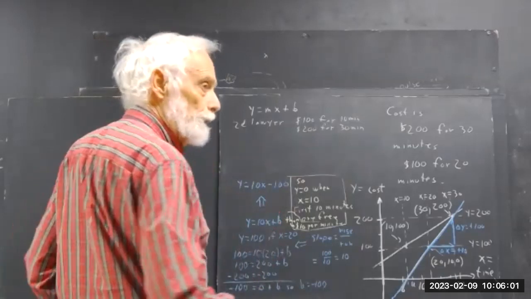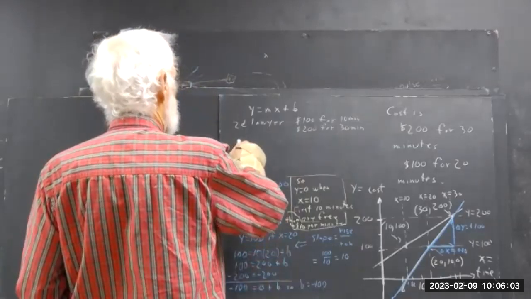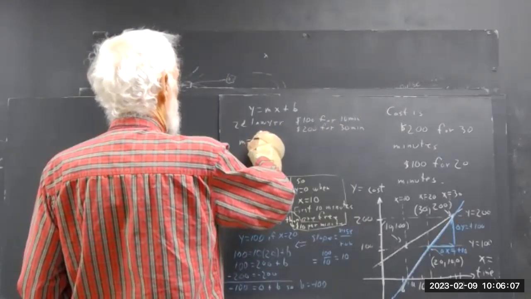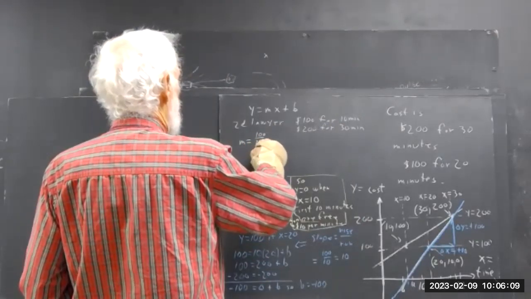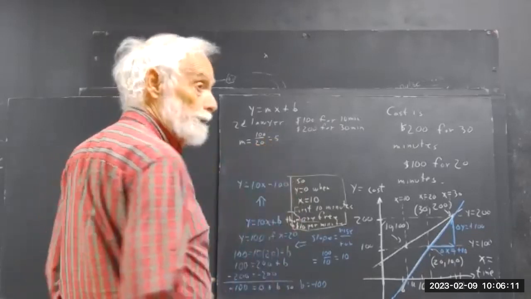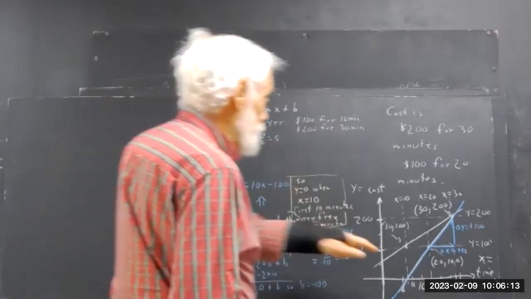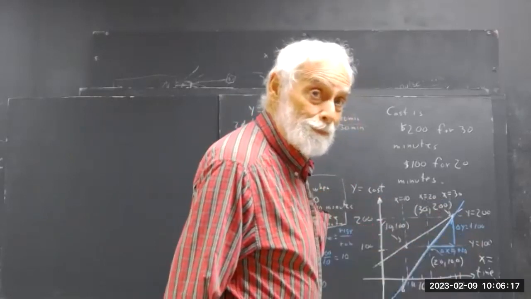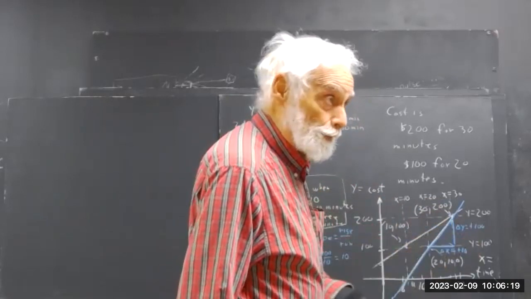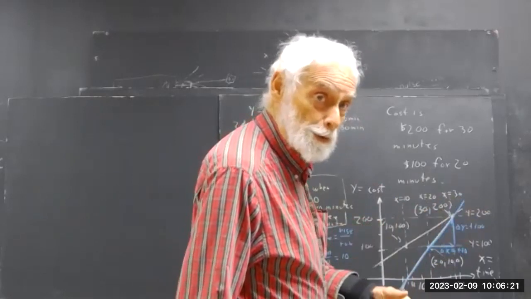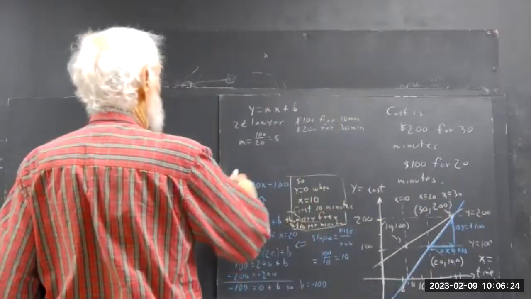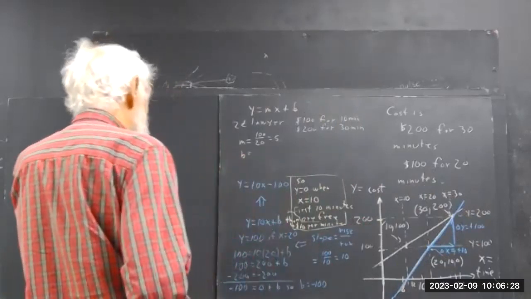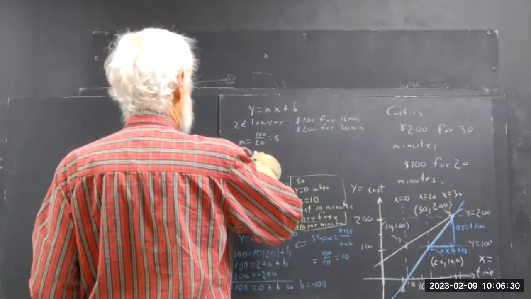If you do the same thing we did, the slope is 5. It's $5 a minute. From here to here, your rise is $100. Your run is 20 minutes. $100 divided by 20 minutes is $5 per minute. And I think that B is actually 50.